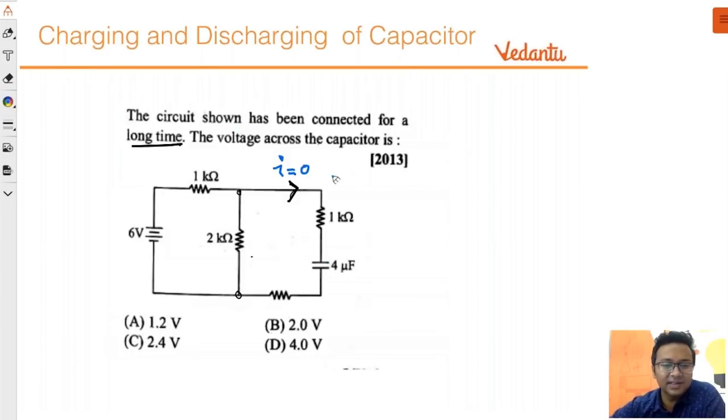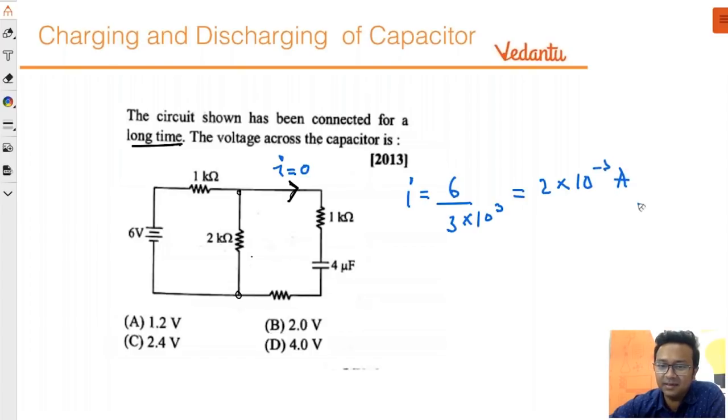I is going to be nothing but 6 volts divided by 3 kilo ohms, so 3 into 10 to the power 3. That is going to give me 2 into 10 to the power minus 3 ampere, so that's 2 milliampere.